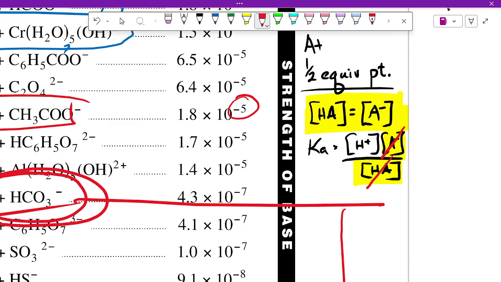When else do we have the concentration of a weak acid and its conjugate base approximately the same? There's actually 2 situations, but one that we did today.